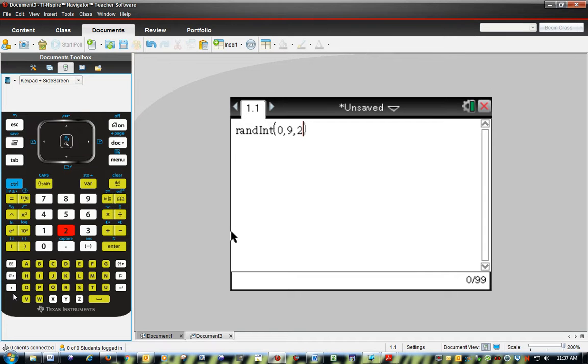If we did 0, 9, 10, it's going to give us 10 integers. We don't want that. We want 0, 9, 2, and it's going to give us, for example, 0, 8. Did you get a 0, 8? Good, because it should be different for everybody. It is a computer, though, so sometimes they all start at the same.